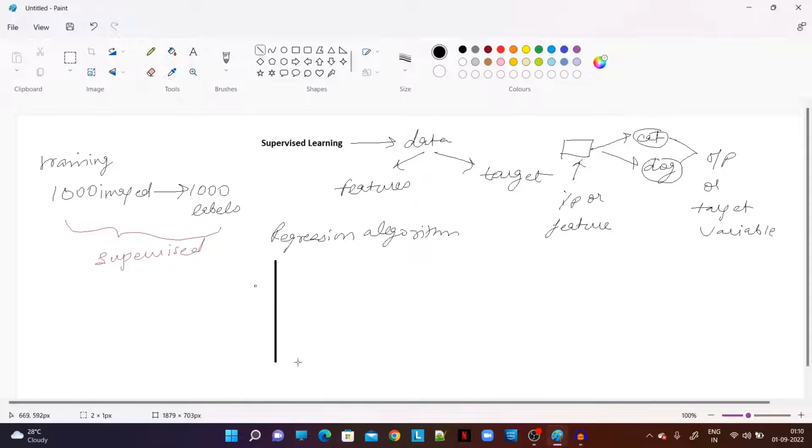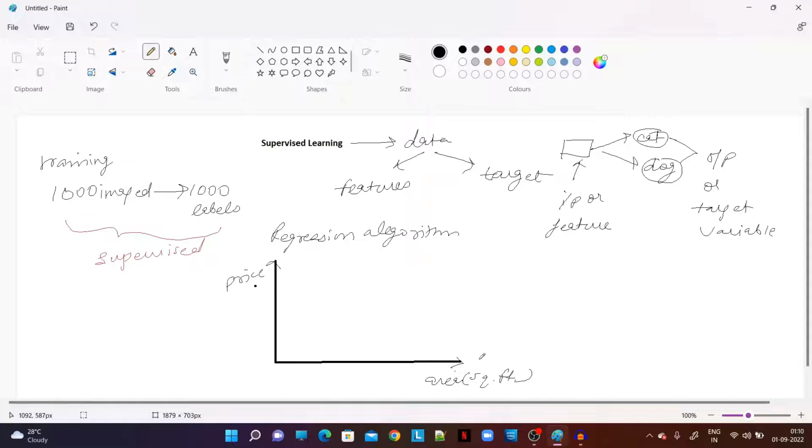So suppose this y-axis is the price of the house, and this x-axis is the area of the house, in square feet. We know that as the area of the house increases, the price of the house increases.